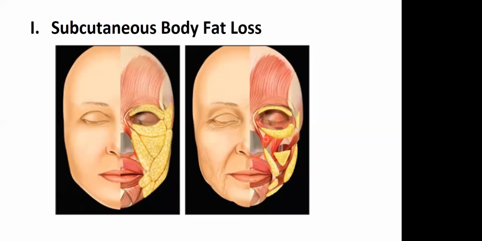There'll be more depression and dark circles with loose skin, as you can see on this pictorial on my right. If you compare the left in terms of how the skin would look, and the right one, as you're losing the fat, there's fat loss in that particular area.